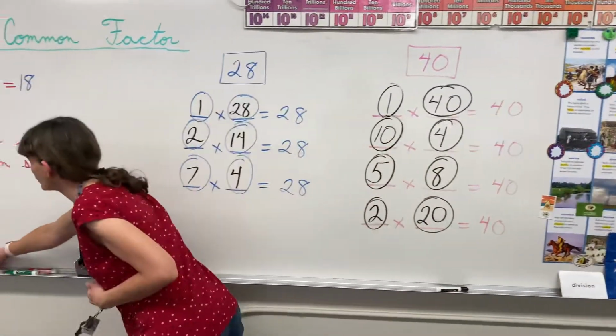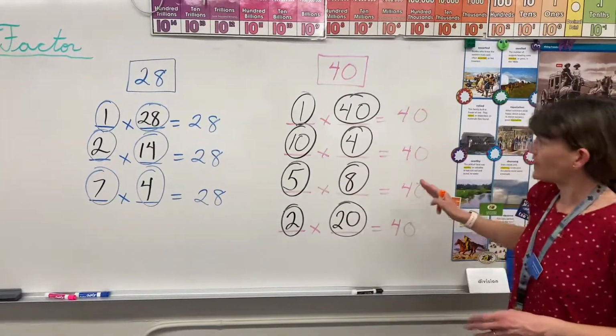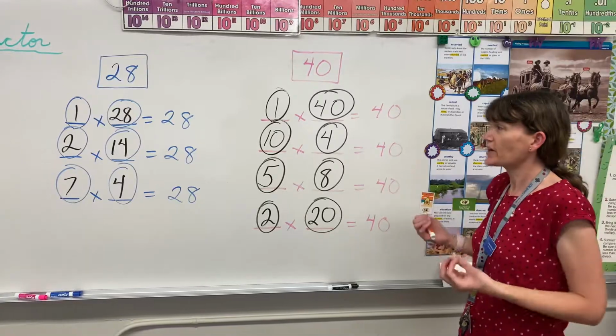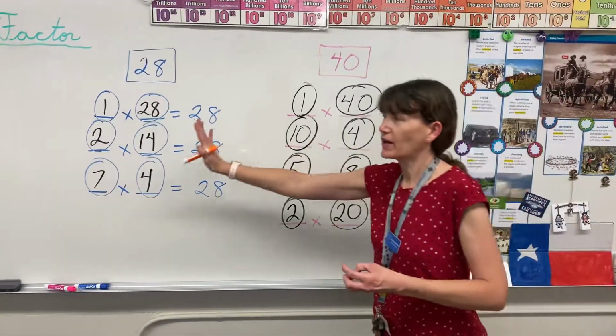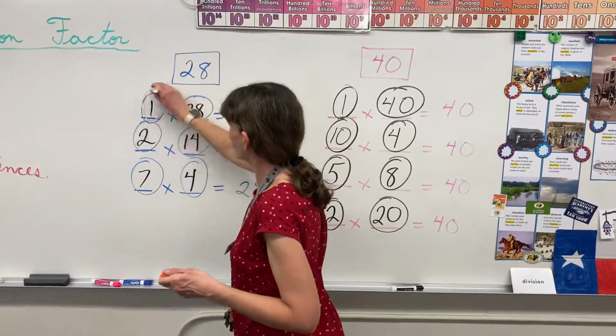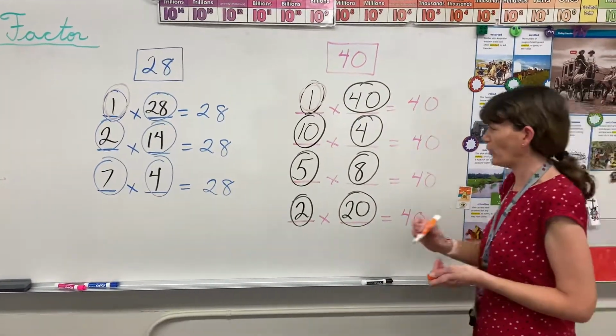Now, you look at all the factors of 28 and all the factors of 40. Where do you see a number that is the same in 40 and 28? We've got a 1 and a 1, not a lot of help though.